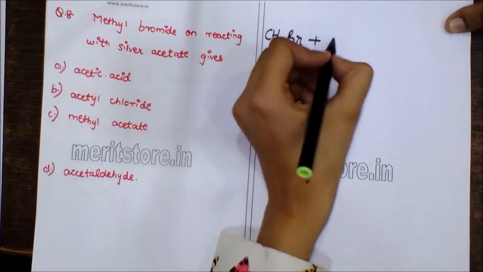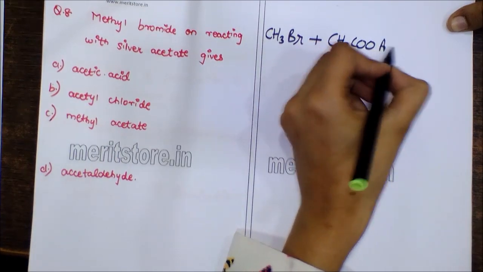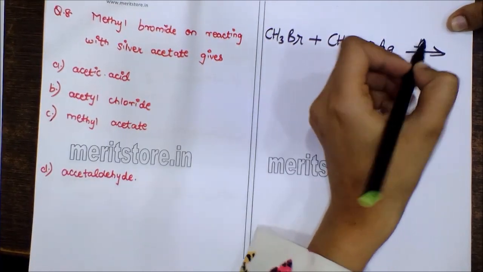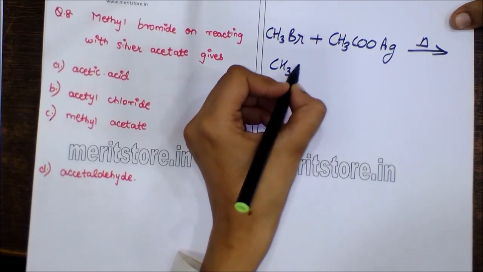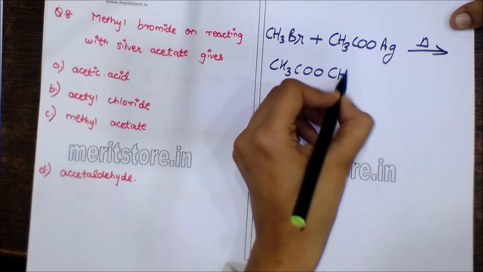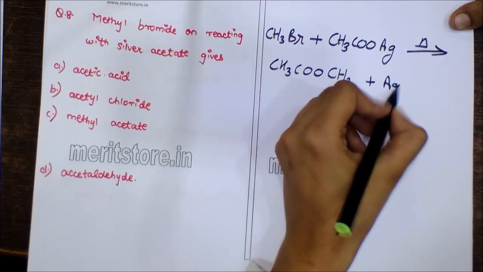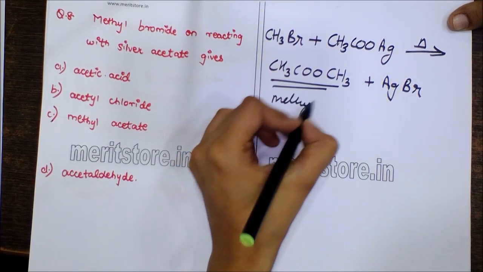Silver acetate is CH3COOAg. On heating this, you will get CH3COO, and instead of Ag, you will have CH3, plus AgBr. This is nothing but my methyl acetate.